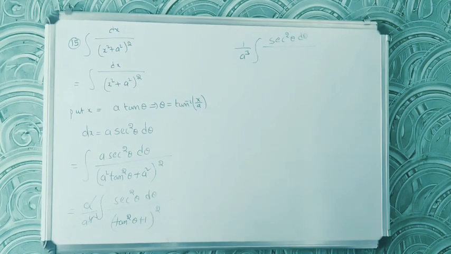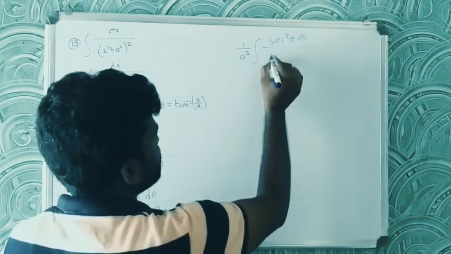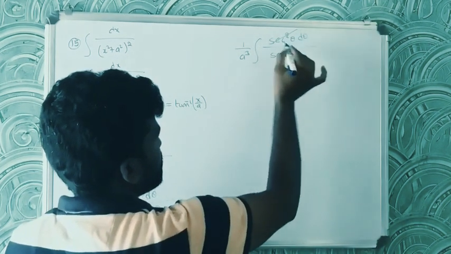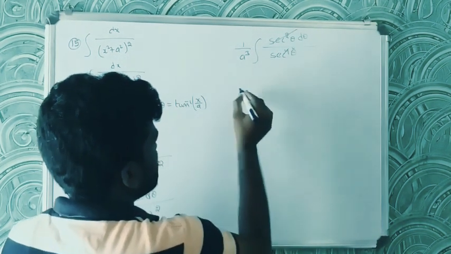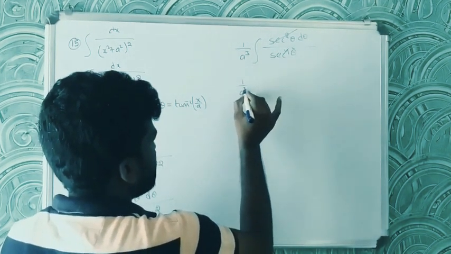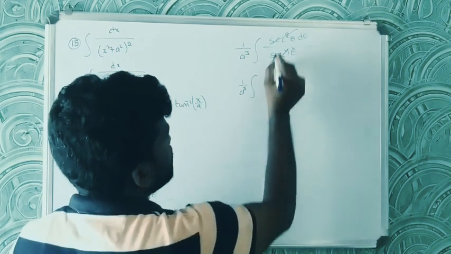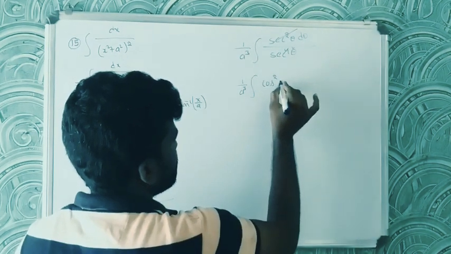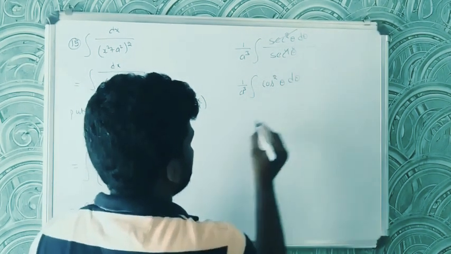Secant square theta whole square is secant power of 4 theta. Secant square theta cancels with secant power of 4 theta. 1 by a cube into integration of 1 by secant, which means cos square theta d theta.